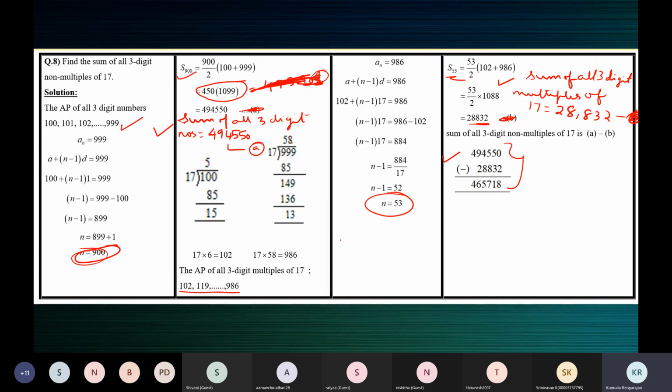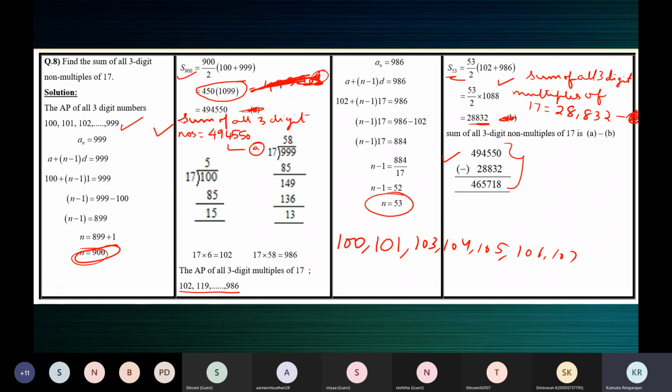See here, 100 is not a multiple of 17, 101 is not, 102 is a multiple, then 103, 104, 105, 106, 107 are not. So this sequence of numbers will not form an AP. You will have a sequence, but it will not form an AP, so you cannot find the sum straight away.